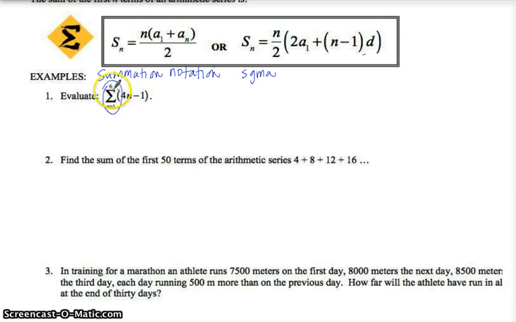So here, going back to sigma notation, we have the base down here. This tells us what term we're starting with, so we're going to start with the first term. This tells us what term we're ending with, the sixth term.